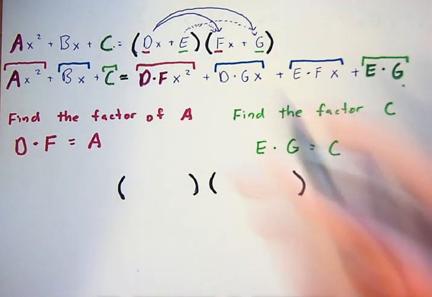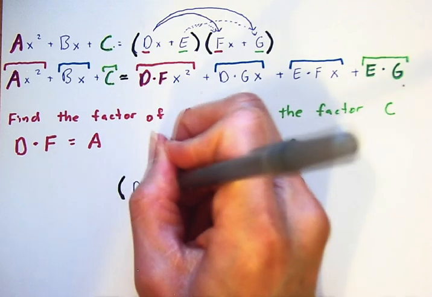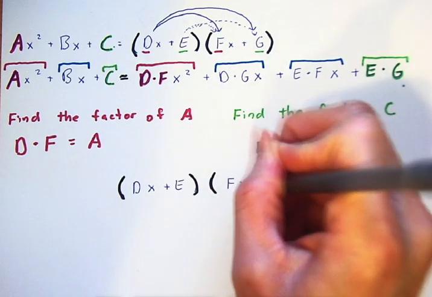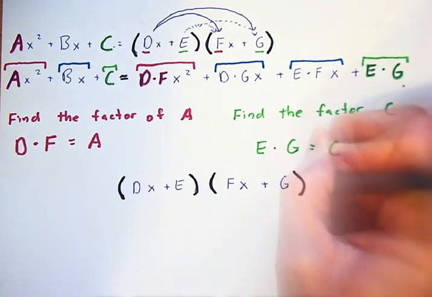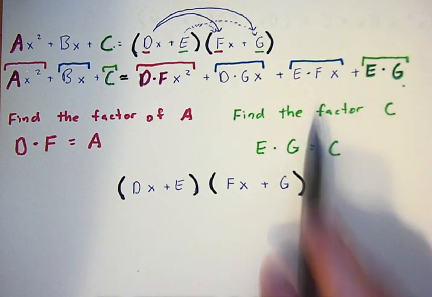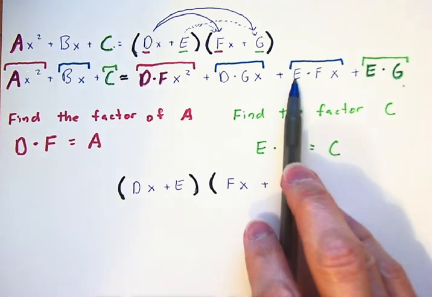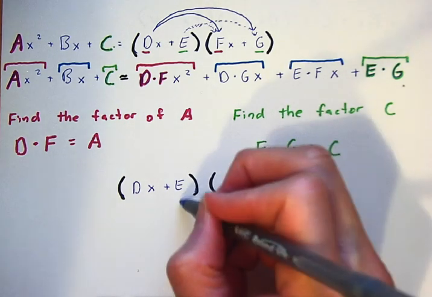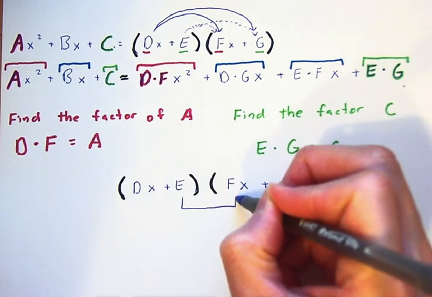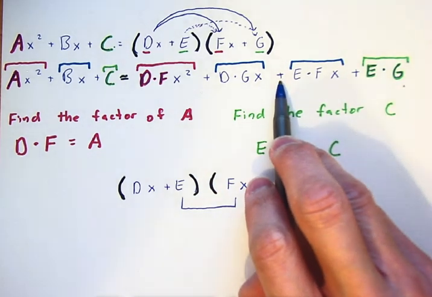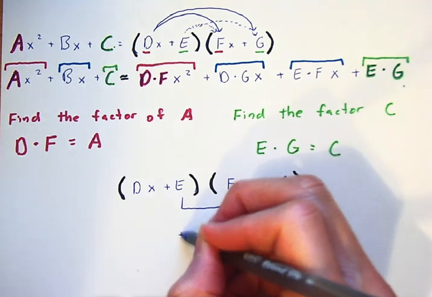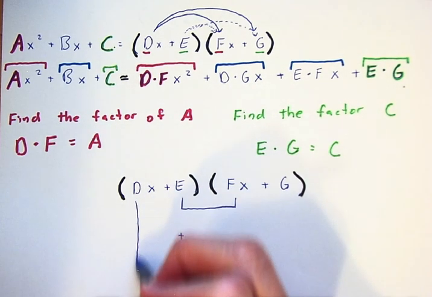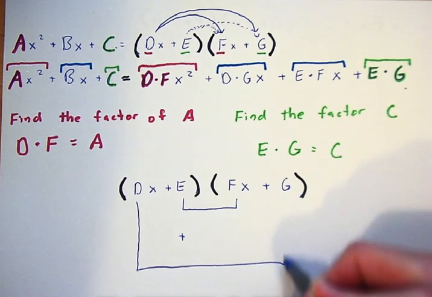So I know that my e times f, so this one multiplied by this one, plus my d times g, so d multiplied by g.